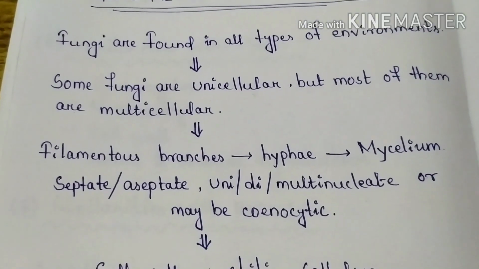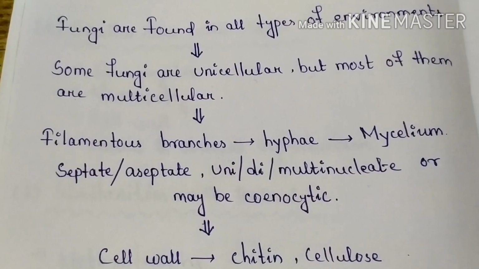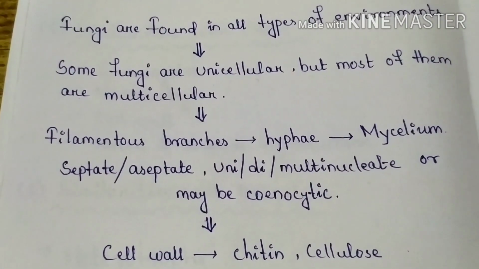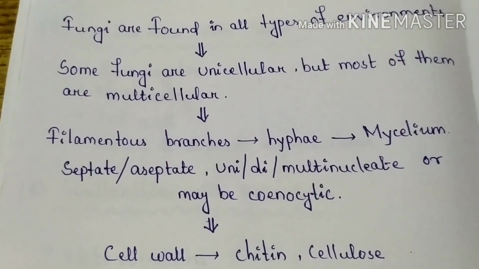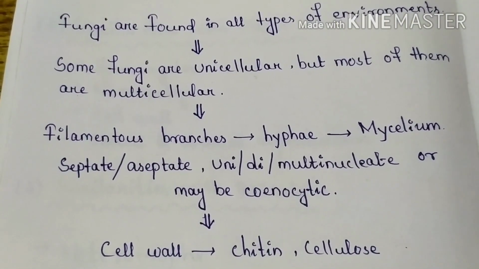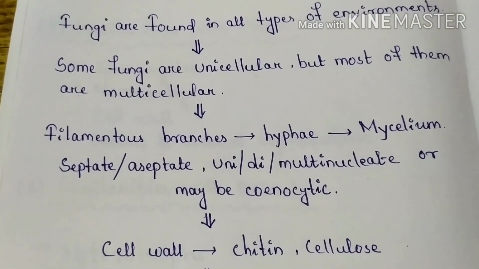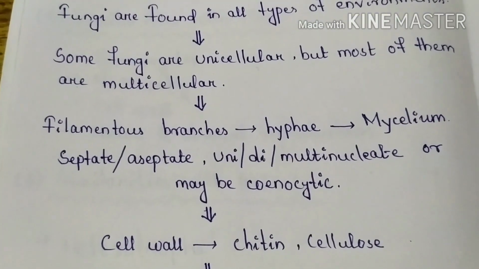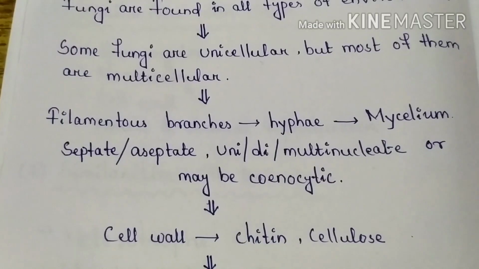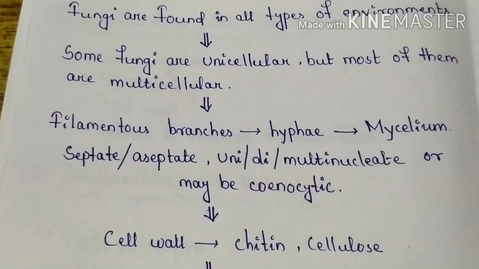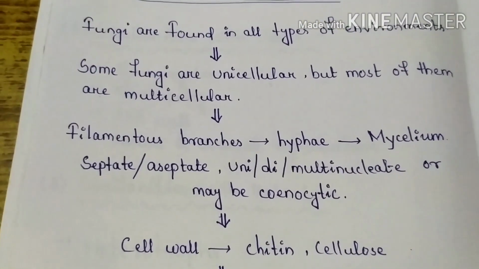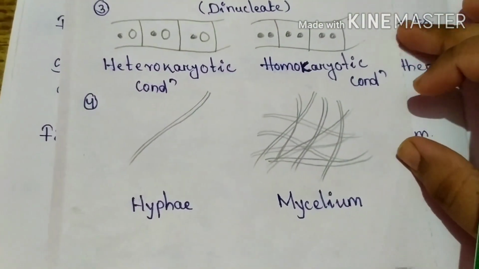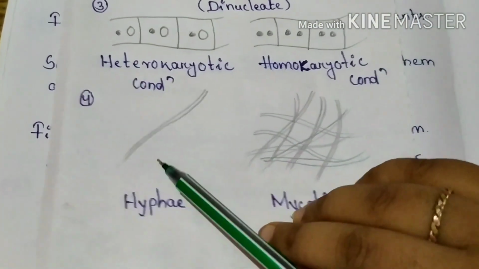Next point, as we previously discussed, fungi are thallophytes, so the plant body is known as thallus. The thallus of fungi is long and tubular with filamentous branches called hyphae, and a group of hyphae altogether is known as mycelium. So here we have to understand what hyphae and mycelium are.